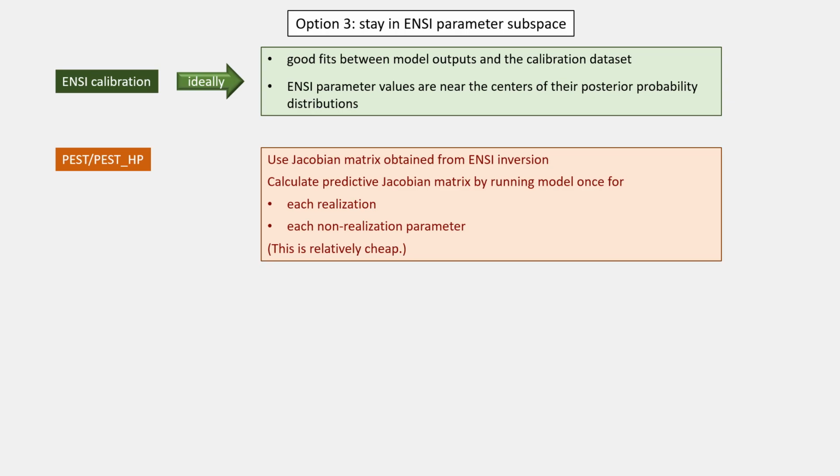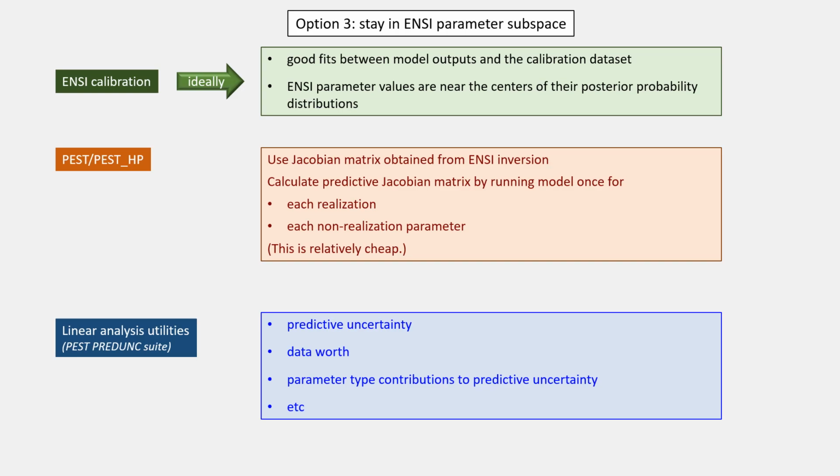We can now calculate a predictive Jacobian matrix, and this doesn't take too long to calculate. We just run the model into the future as many times as one time for each ENSI parameter, and because we're working in a small parameter space, that's not too many model runs. So now we have a calibration Jacobian matrix and a predictive Jacobian matrix.